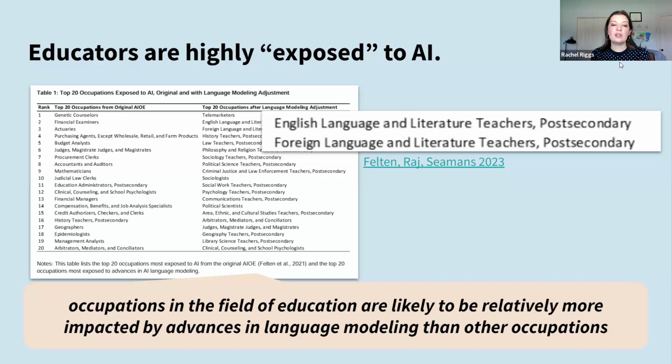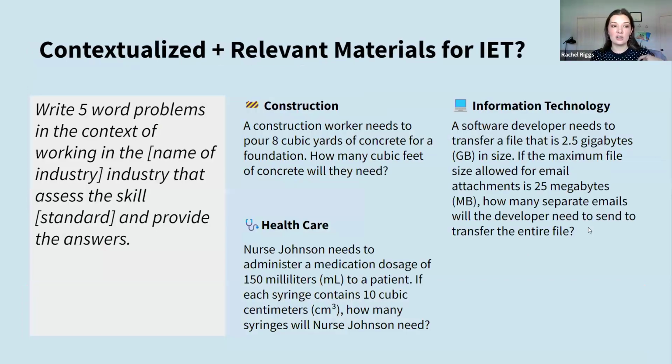After language modeling, the majority of the occupations exposed to AI are education and teacher related. So it's really important. That exposure doesn't really mean that it could replace us. It just means that now what AI can do very much overlaps with our tasks as educators.